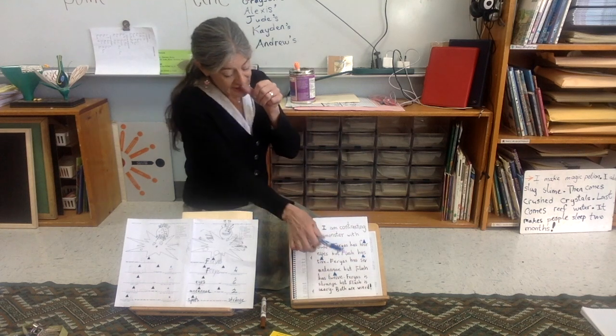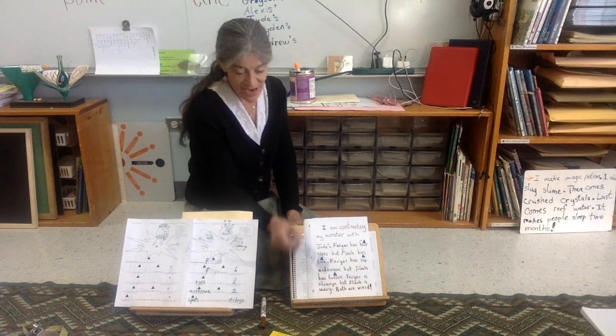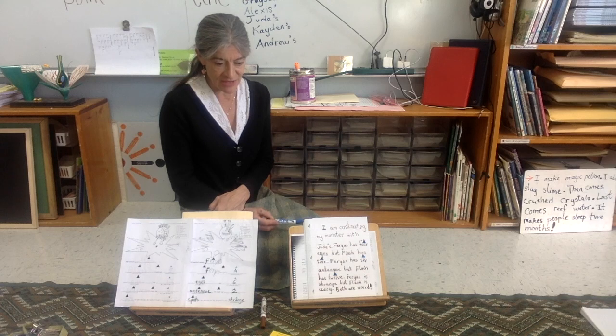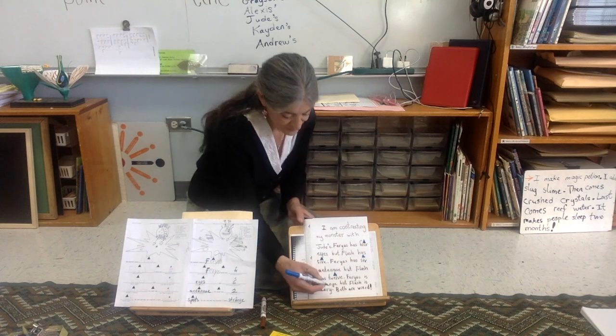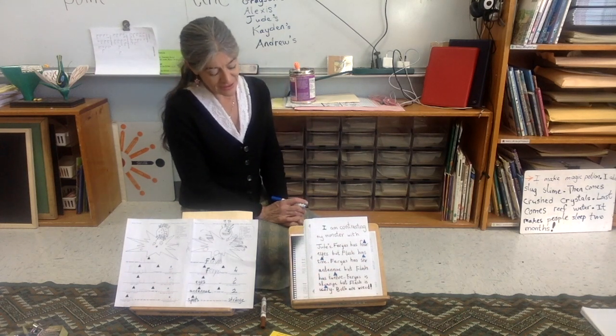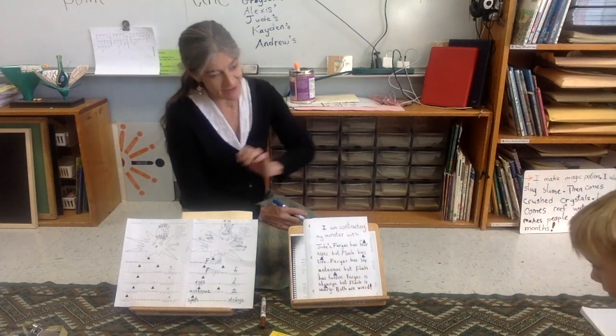Now look at our sentence here. Farius is strange, but Flash is scary. Without yelling out, put your hands up if you think you see an adjective in that sentence. Jude. Scary. Yep. And Leif, can you find one more? Where does the sentence start? Farius is strange, but Flash is scary.